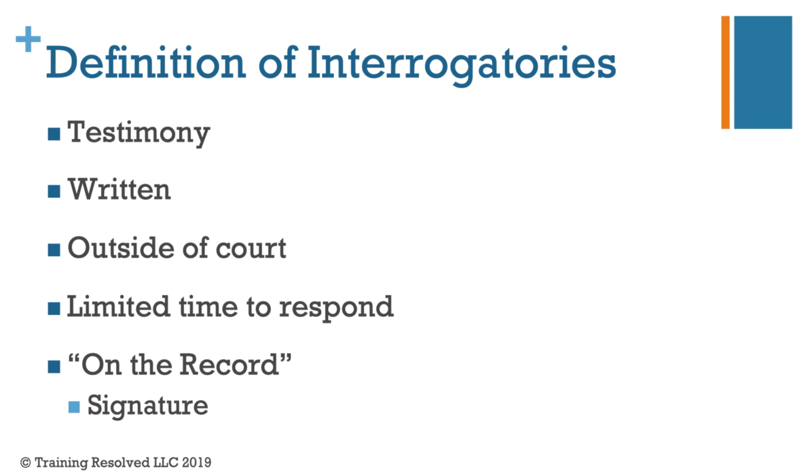Clients have to be careful when they are answering interrogatories because there is a new amendment to Rule 34 under the Tennessee Rules of Civil Procedure that requires any objection to an interrogatory to be made very specifically. In other words, you have to answer unless you have a very specific reason that you can't answer or a specific law or rule that you are citing that would allow you not to answer.